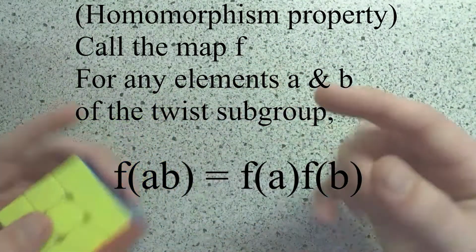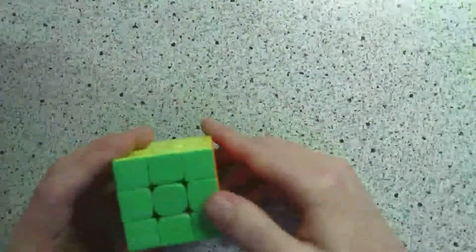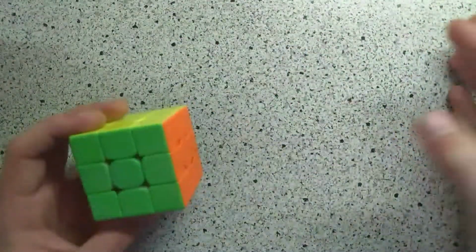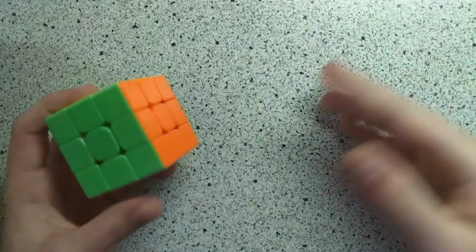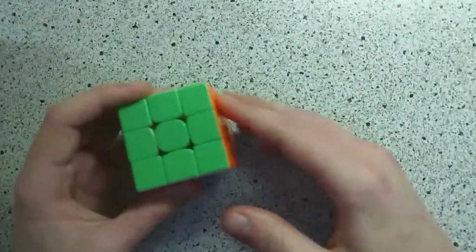And it also satisfies this property, which I'll have on screen. But for our purposes, isomorphism just means a renaming of the elements that makes the group work in the same exact way.